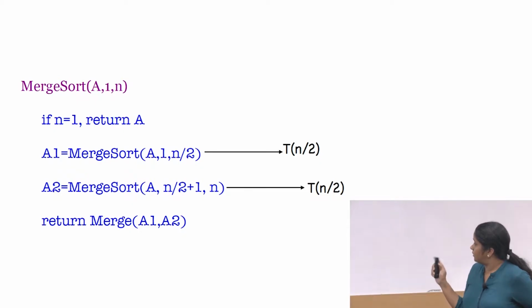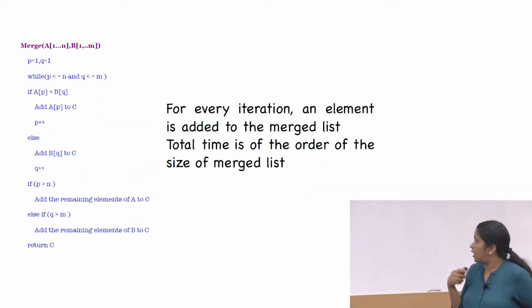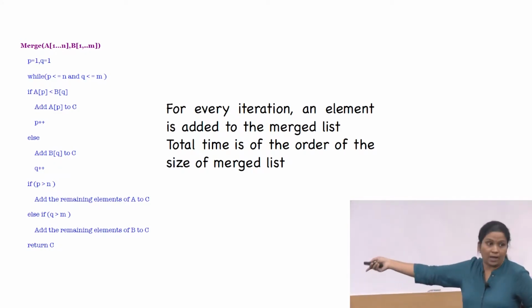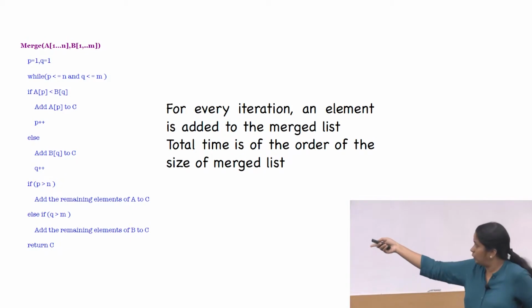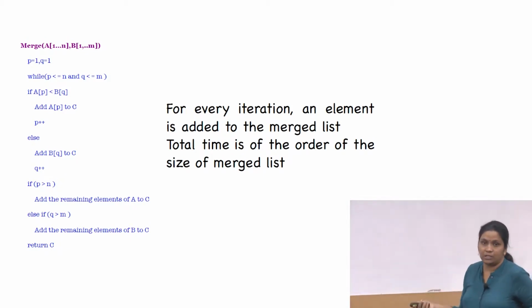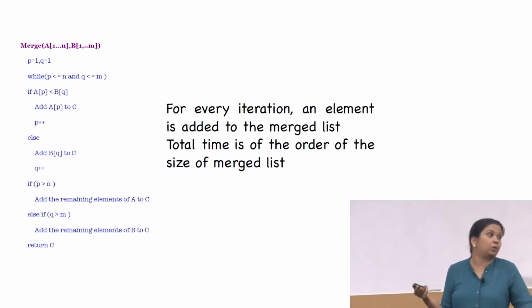And after that, what is the running time for merge? How can you explain that? You have a loop, the while loop, and in the loop there is a constant number of steps. So essentially you want to calculate how many times the while loop executes.